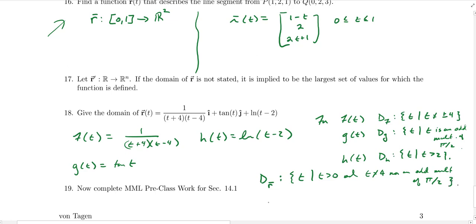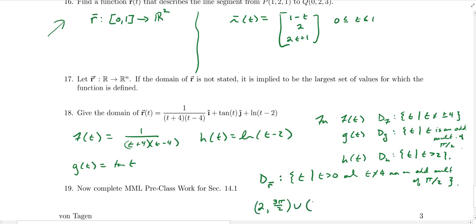So another way we could do that maybe is by way of a visualization. So we would go from 2 to, let's see here, the first odd multiple of pi over 2 that's bigger than 2 would be 3 pi over 2. So anything on this interval would work.